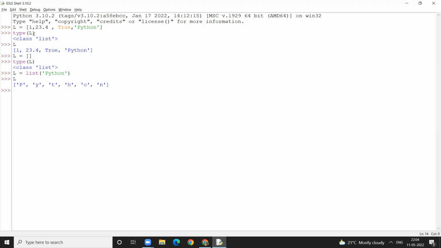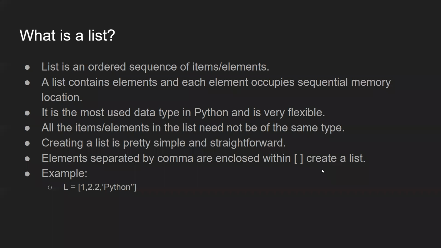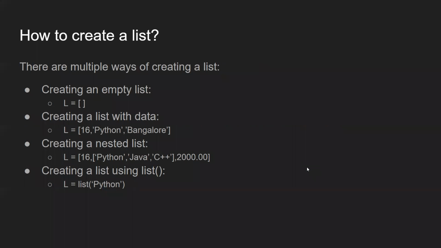When you use the list method, you have to pass either a string, tuple, list or set, but you cannot pass an integer value because it's not an iterable. You cannot iterate through each value of that data type. So you cannot create a list from an integer value. This is how you can create a list using different methods.